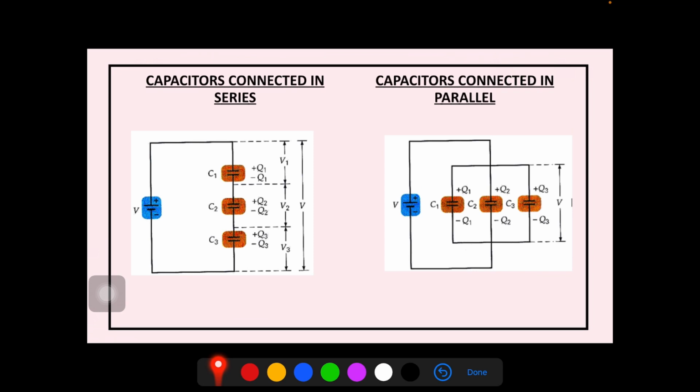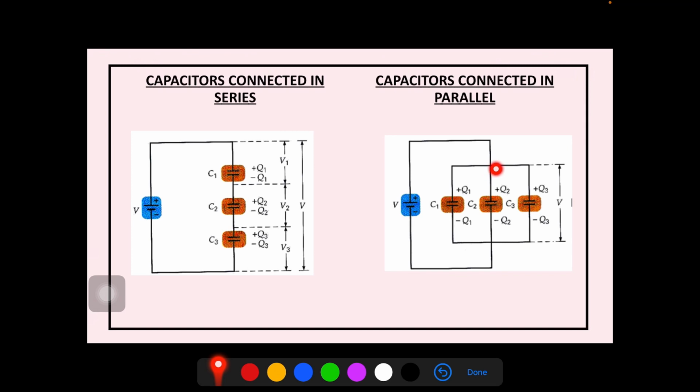The second one, the capacitors are said to be connected in parallel. This is because the charge from the voltage passes through, and then you can see the junction.